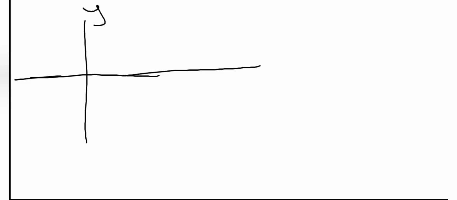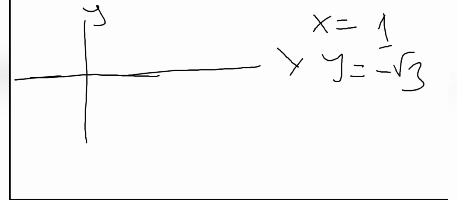In this case, we have the x which is equal to 1 and the y which is equal to negative root 3. So we know that x is in the positive axis while y is in the negative axis.